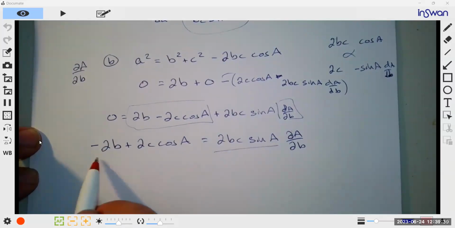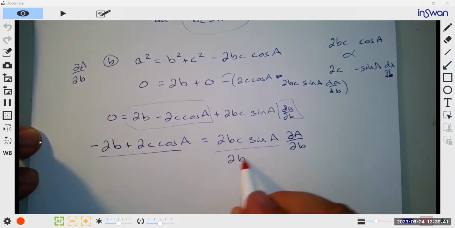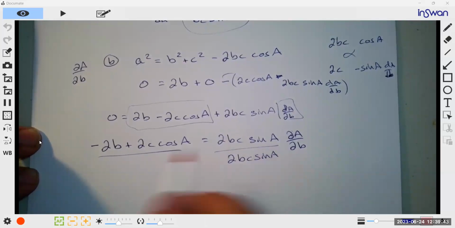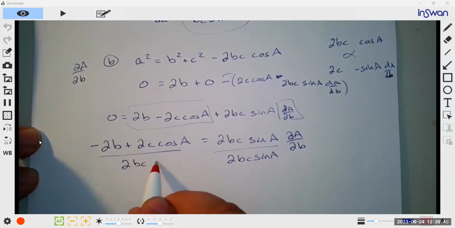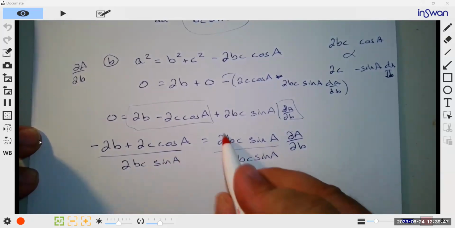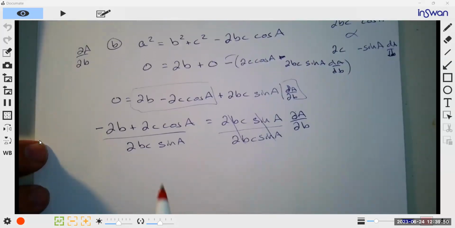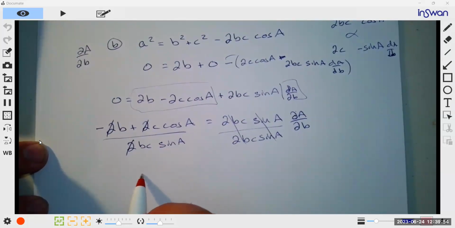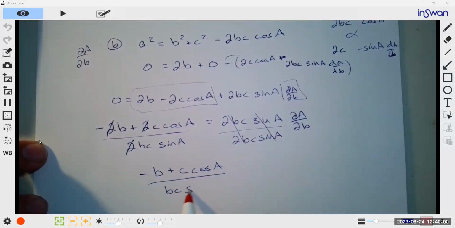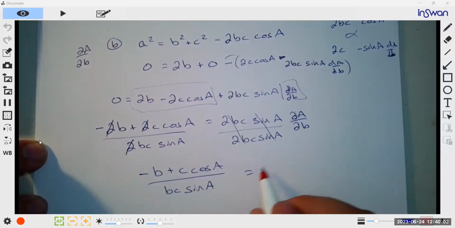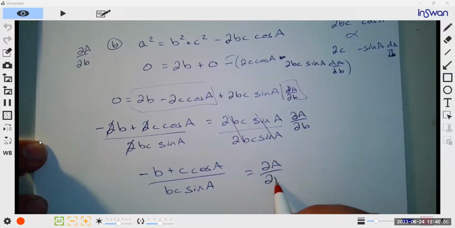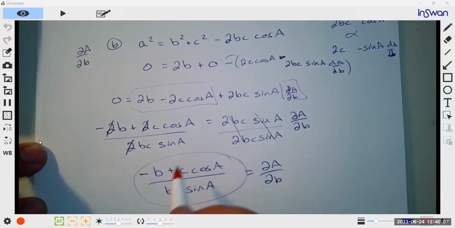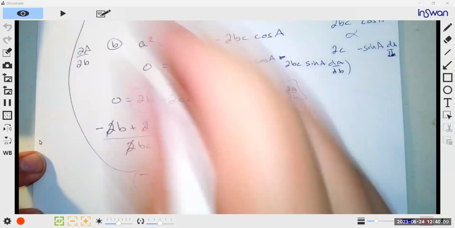Then we divide both sides by 2bc sine A. The 2's cancel. So we have negative b plus c cosine A over bc sine A equals the partial of A over the partial of b. And that is the second answer.